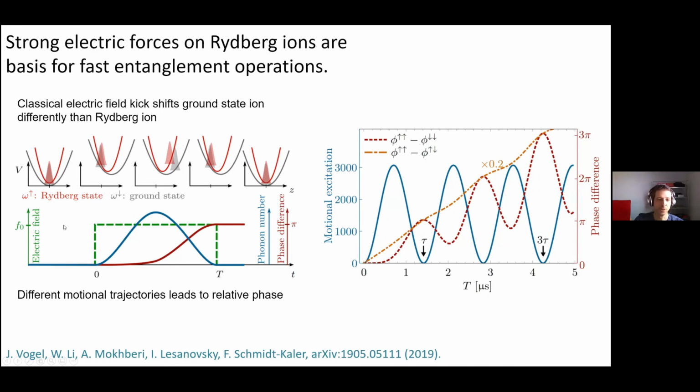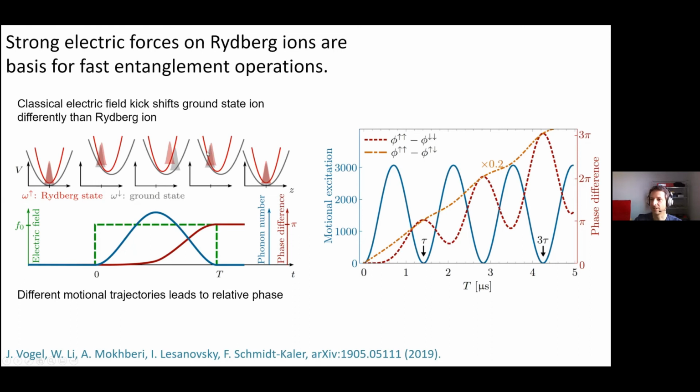So what you would do is you would give a classical electric field kick on the ions, and depending on whether it's in a ground state or a Rydberg state, the ion wave packet will have a different trapping potential. Depending on where it is, it will get a different force and different kick and different oscillation frequency. You can use that so that the two wave packets after this electric field kick have a different trajectory.